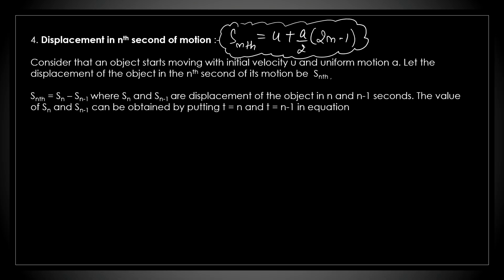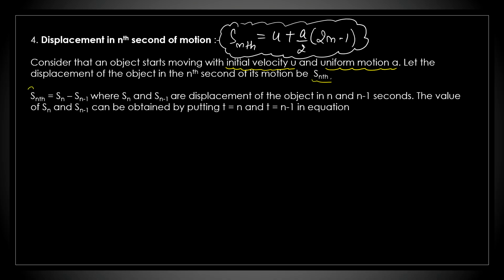So consider that an object starts moving with initial velocity u and uniform acceleration a. Let the displacement of the object in nth second of motion be s nth.